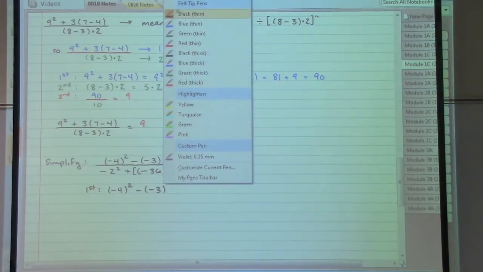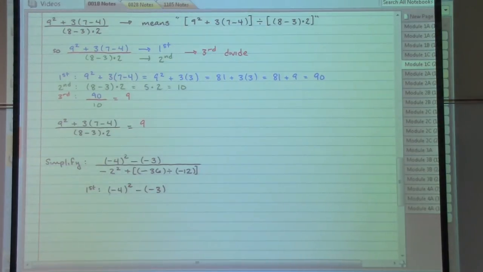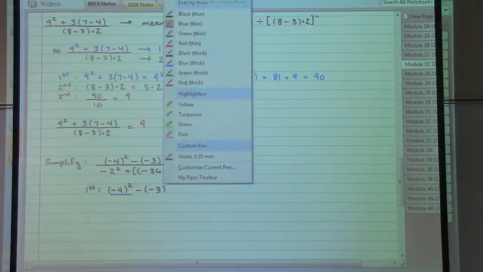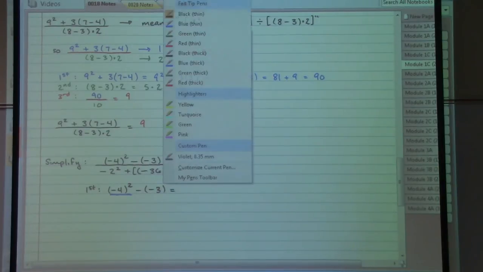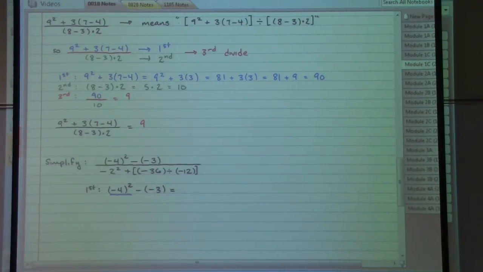This brings up a very important thing about powers. What's right in front of the power of 2 is a set of parentheses. So whatever is inside of that set of parentheses must be used in our special multiplication problem. Blank times blank.